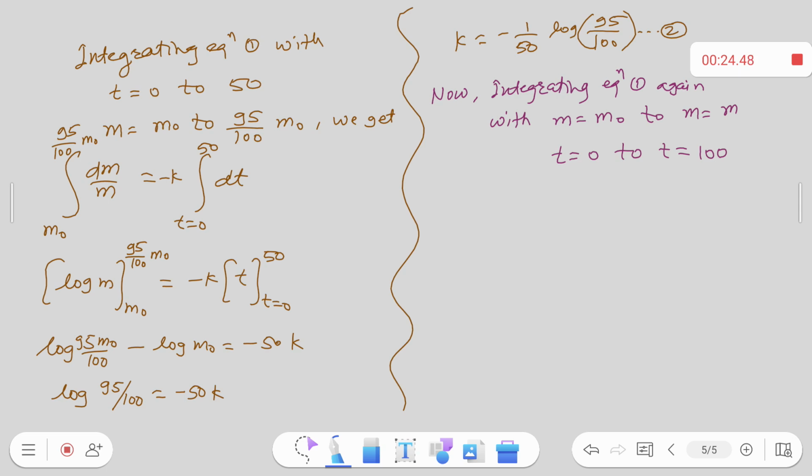So we get integral m0 to m dm by m is equal to minus k.